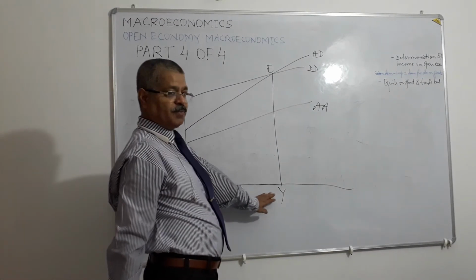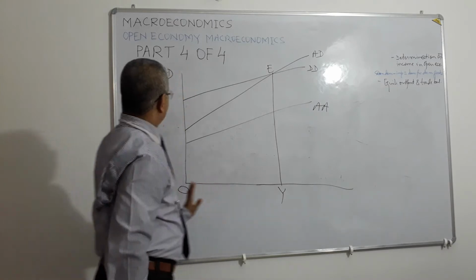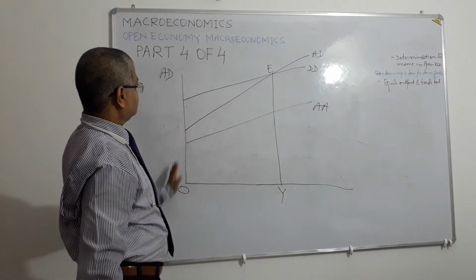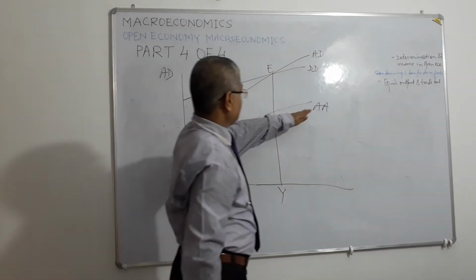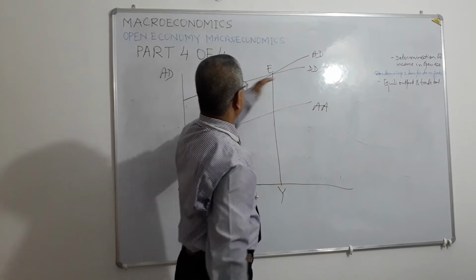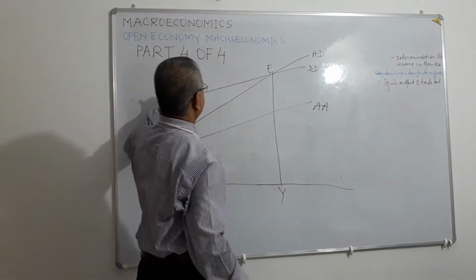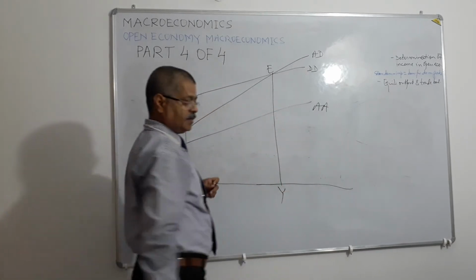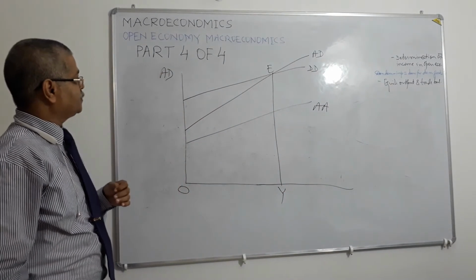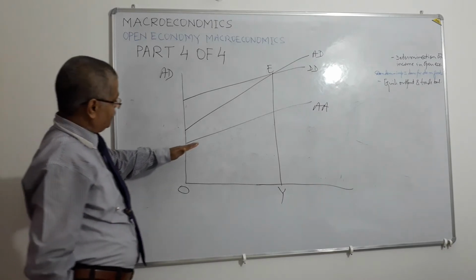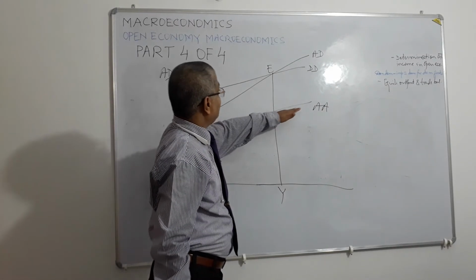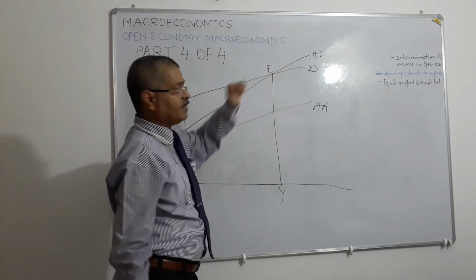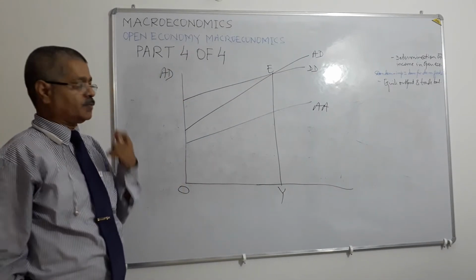This is the level of domestic income. This is the level of AA, DD demand. This is the DD. And this is aggregate demand. So what is happening here? You will find the difference between AA and DD is of exports.